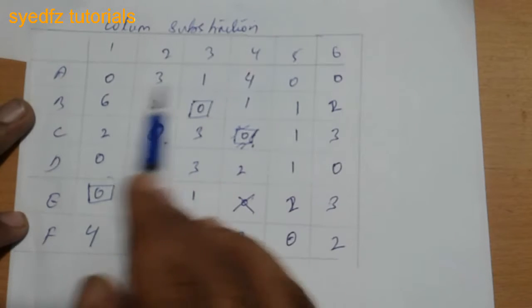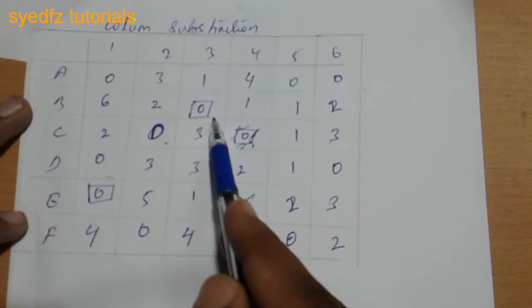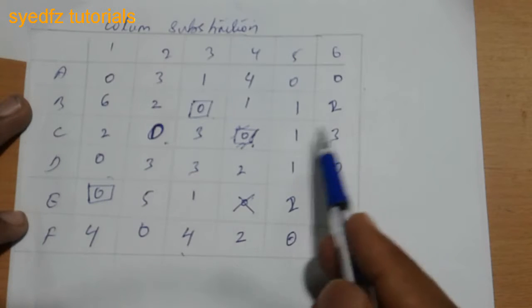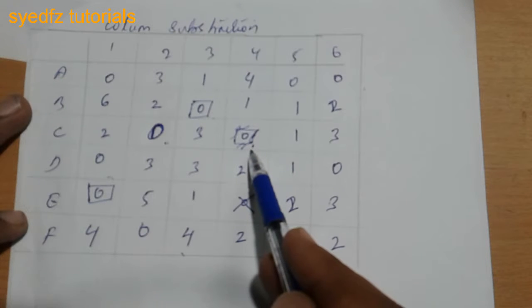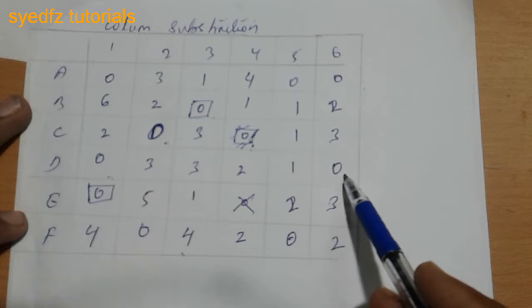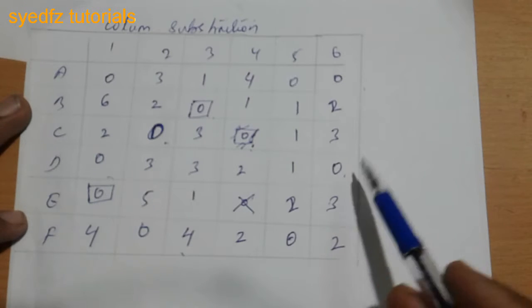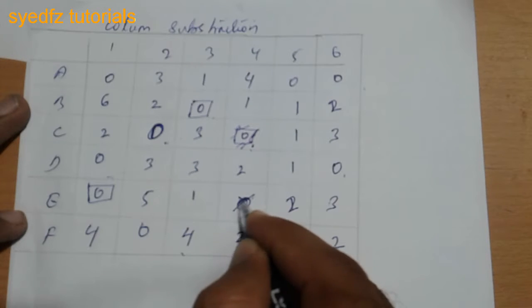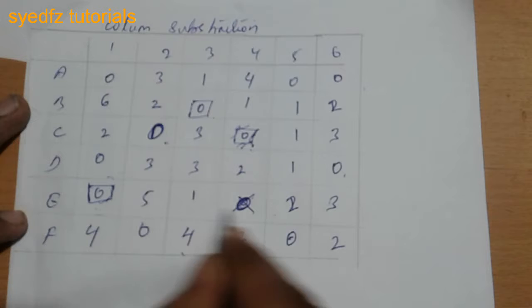Okay, 3 zeros we need not take. This is a single 0. Again we don't have any zeros. Here it is 2 zeros, not possible to take. Here also 2 zeros, not possible to take. Sorry, this is the same.